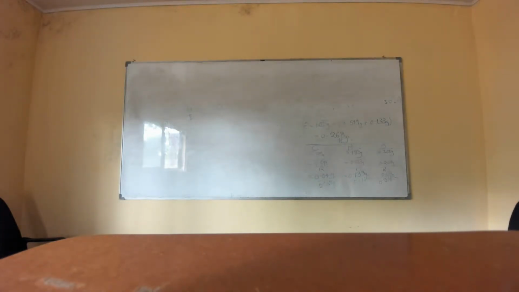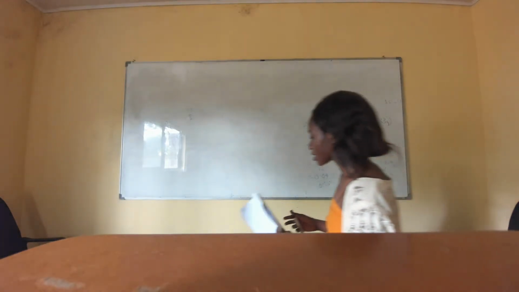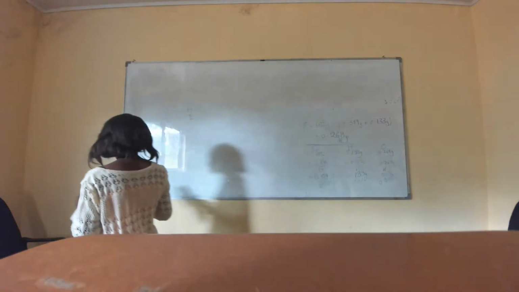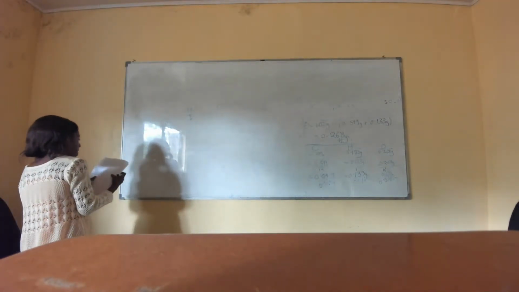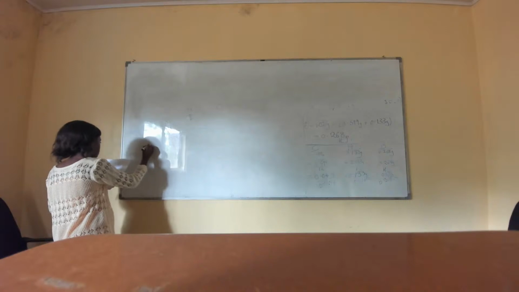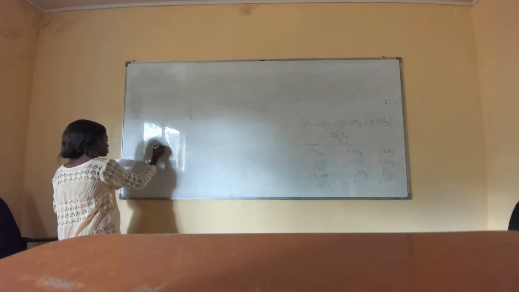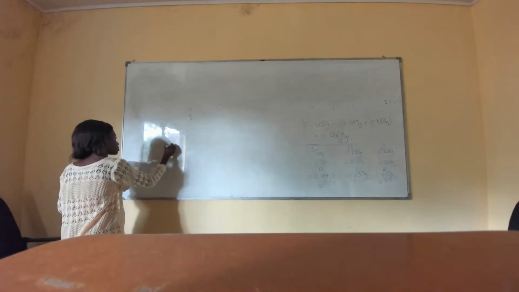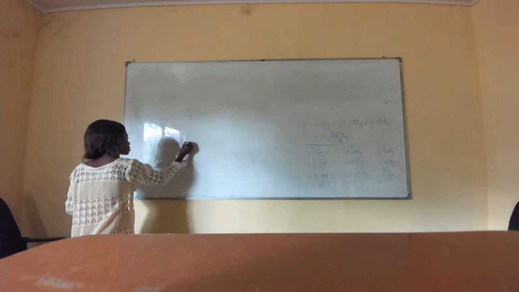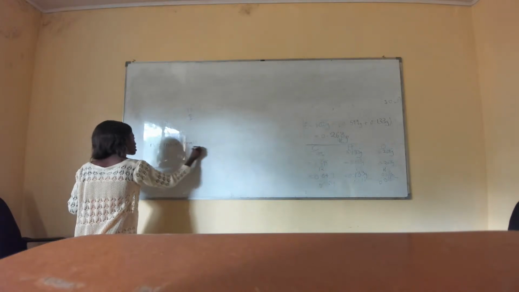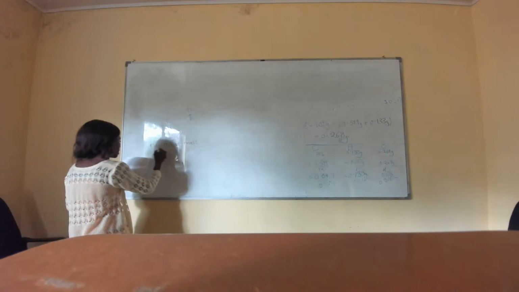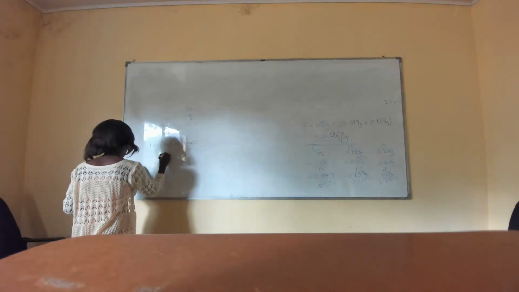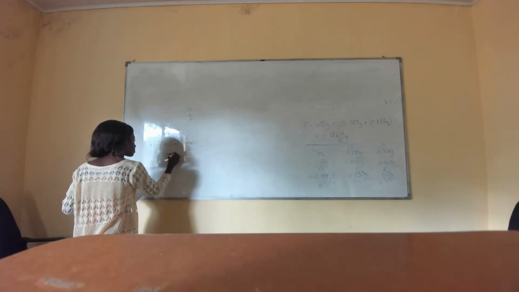Then the question further asks us to find the molecular formula, and we've been given the molar mass. So to calculate the molecular formula, I have mentioned in class, we are supposed to find the n value, the n factor. So it becomes molar mass over empirical formula mass.